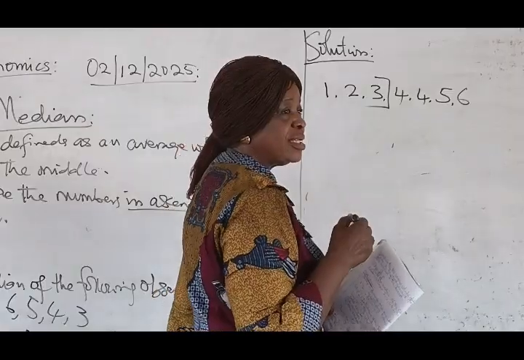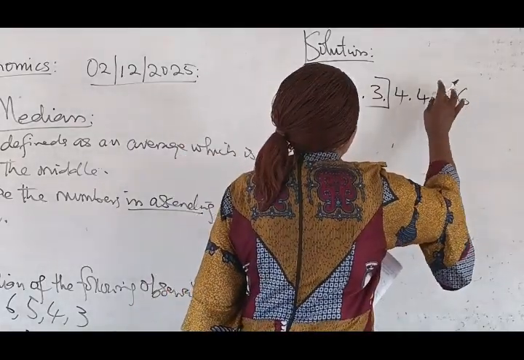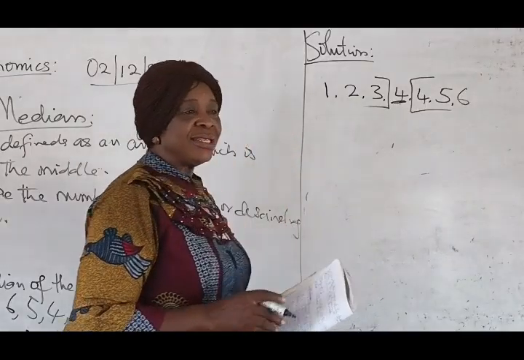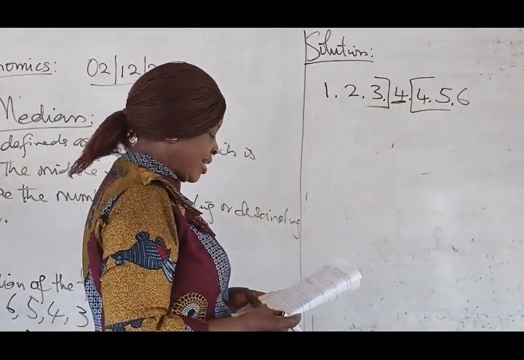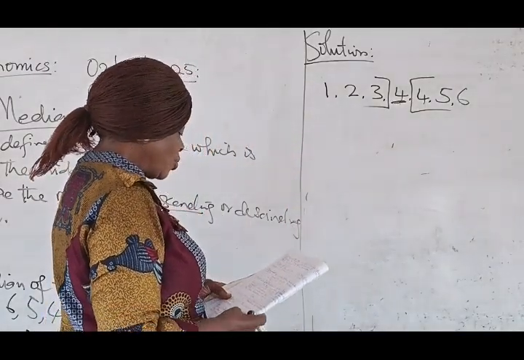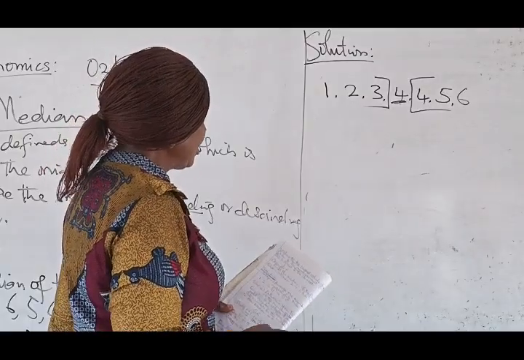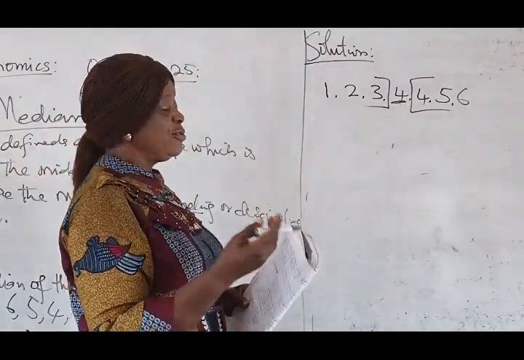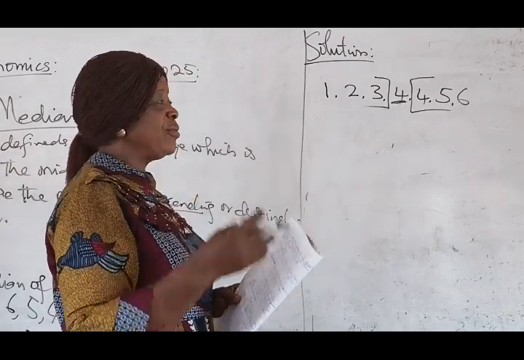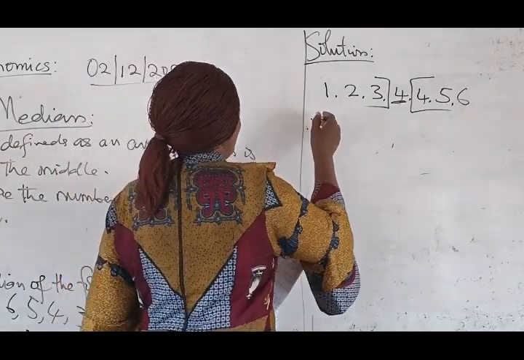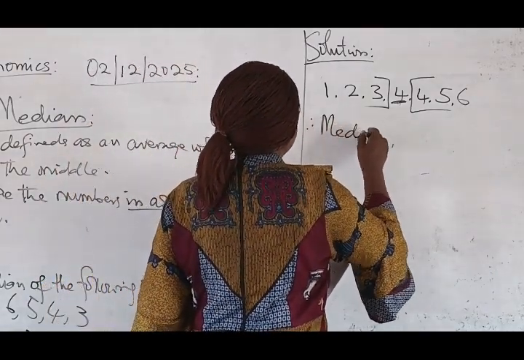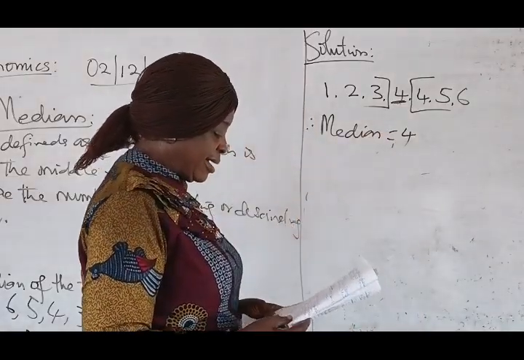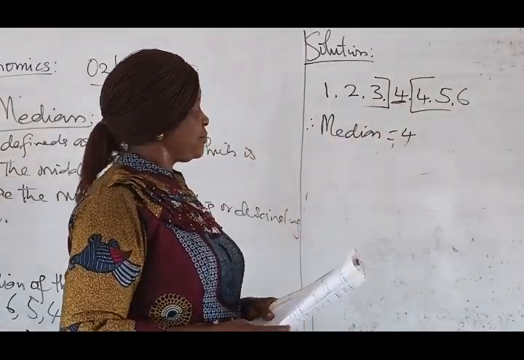That is how we did it in secondary school. You can put a demarcation and then get the one in the middle. But even without this, by looking at the figures, you should be able to get the middle number. So our median is 4. That is the middle number in that observation.